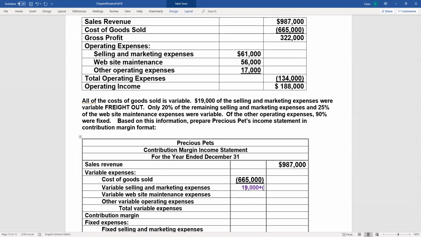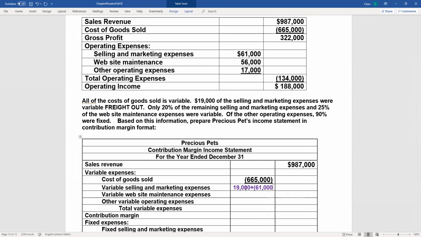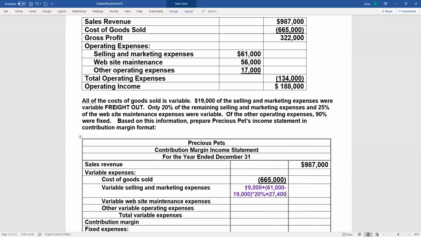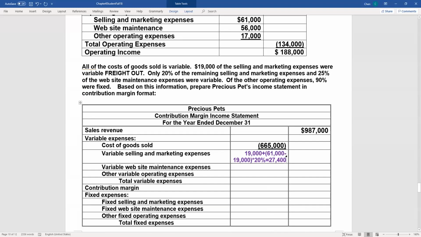So what is the remaining? We have a total of 61,000, and then we already counted 19,000, right? And this is the remaining, and of the remaining we have 20% as variable cost. So our total variable selling and marketing expenses will be 27,400. Okay, so this is our variable selling and marketing expenses.